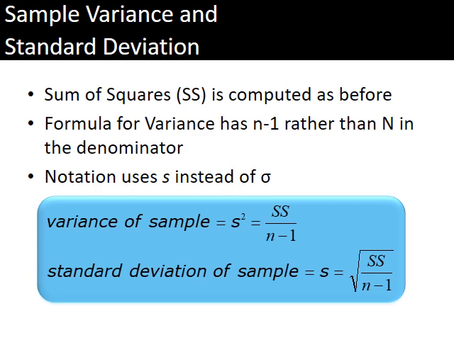If we're going straight to the standard deviation of a sample, we take the sum of squares divided by n minus 1, and then take the square root of that. The notation uses s instead of the Greek letter sigma. So variance of a sample is s squared, and standard deviation of a sample is s.